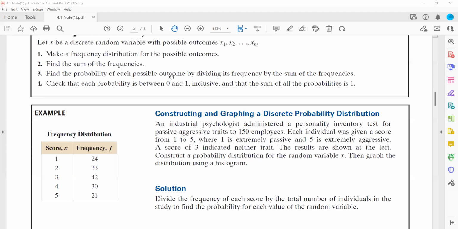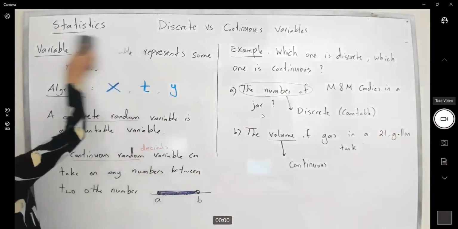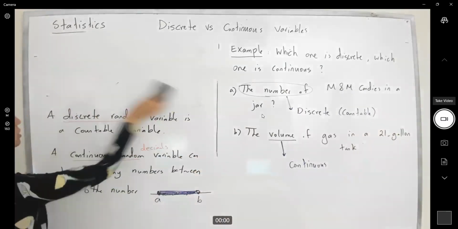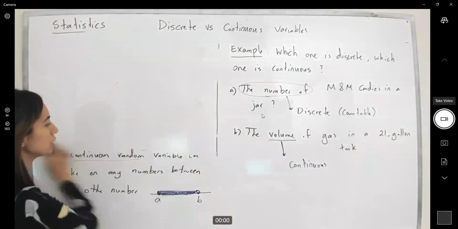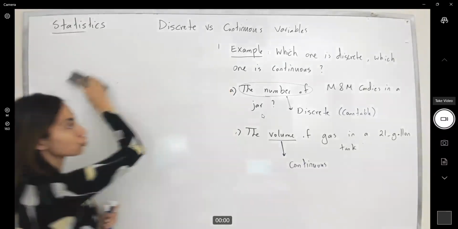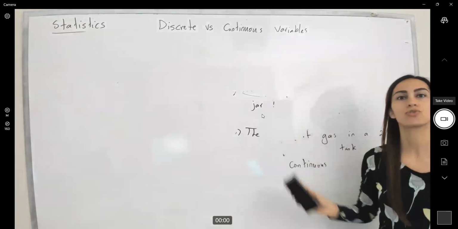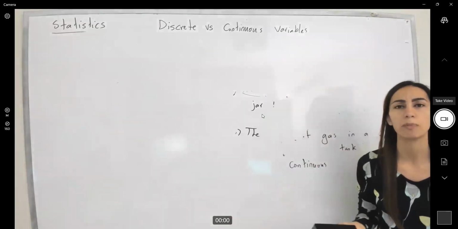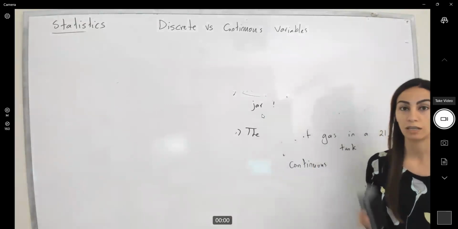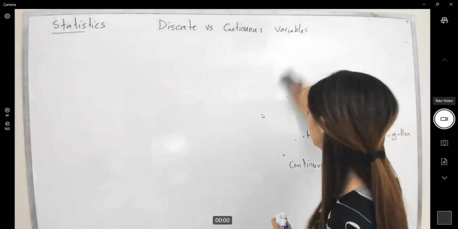Let's go to the board and start constructing the frequency distribution. We talked about discrete and continuous random variables. Now our job as a statistician is to visualize their probability distribution instead of just using the frequency table.